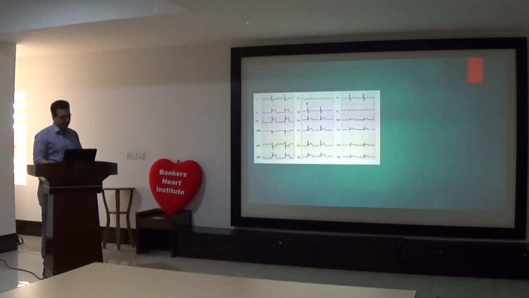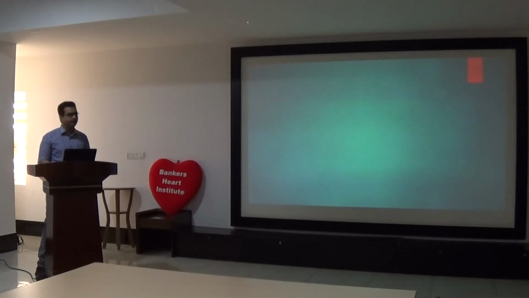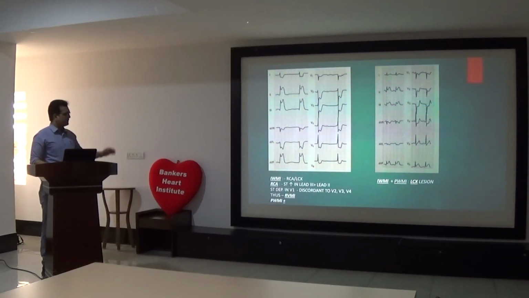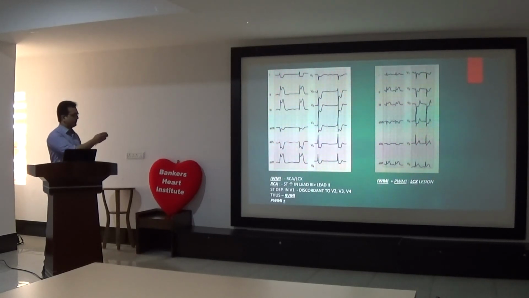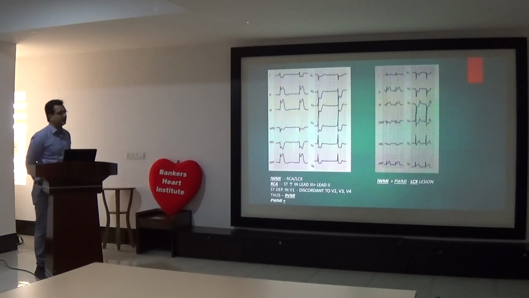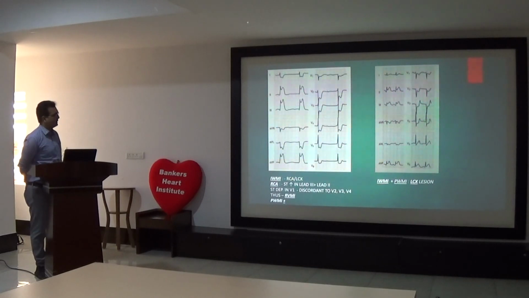Now, similarly, in this ECG, apart from the ST segment, there is another huge difference in the pulse rate of both the ECGs. That can also give some indication. In the first ECG, the patient has sinus bradycardia. In V2 we can see one P wave.